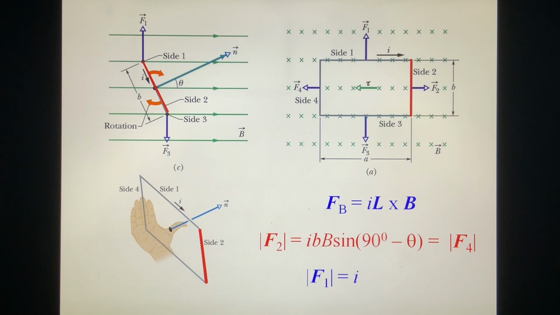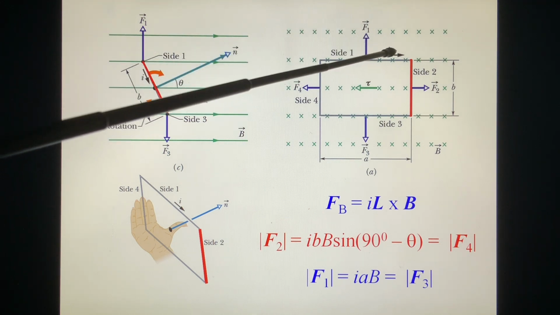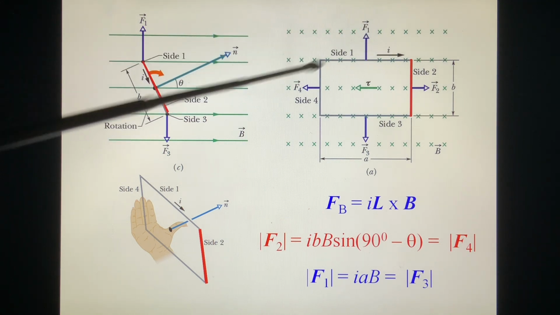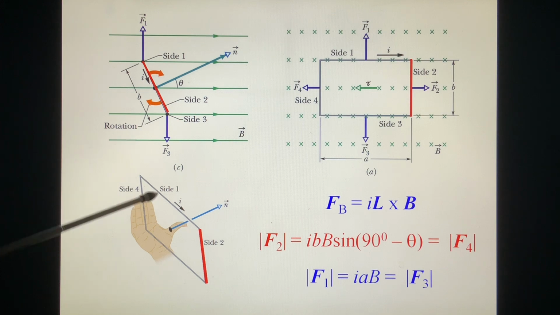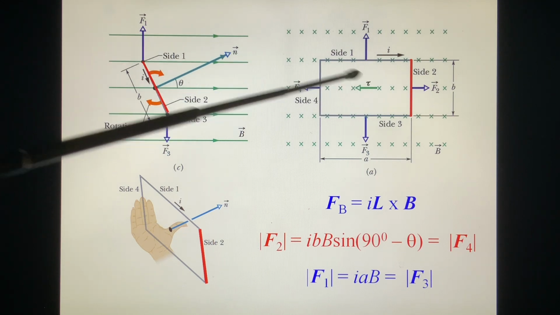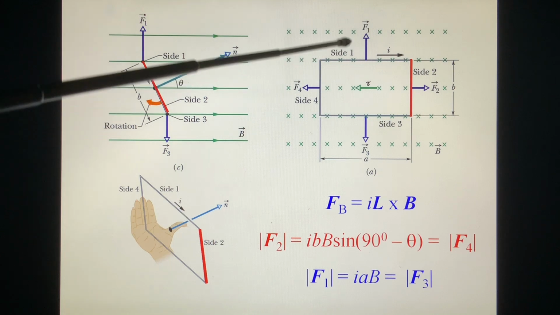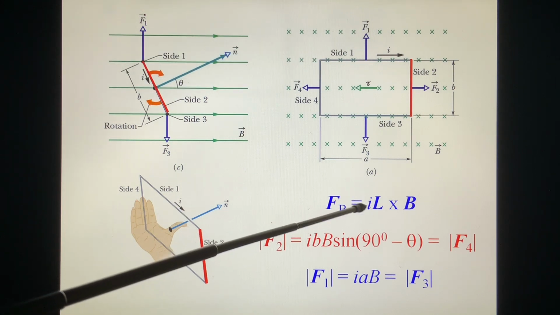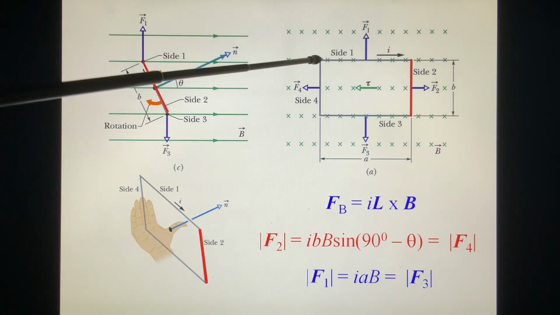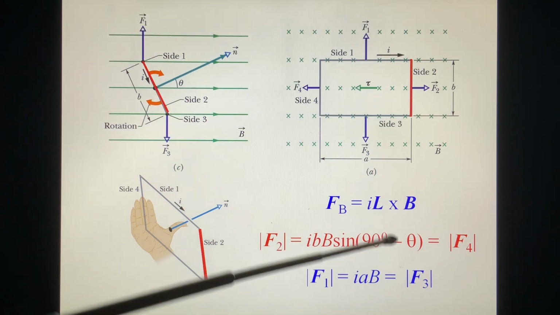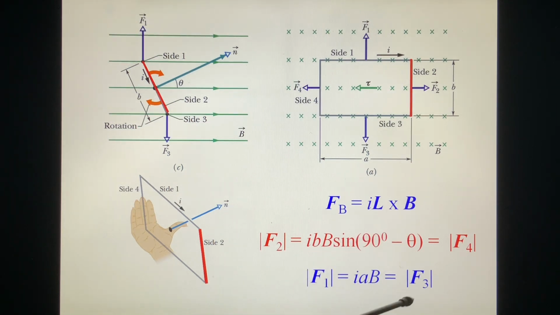And then F1 and F3. F1 and F3 are perpendicular to B. The magnitude is I times the length a times B, with the angle 90 degrees, so sine is 1.